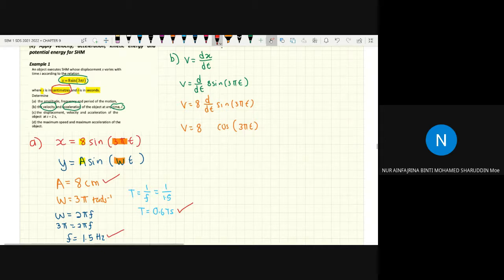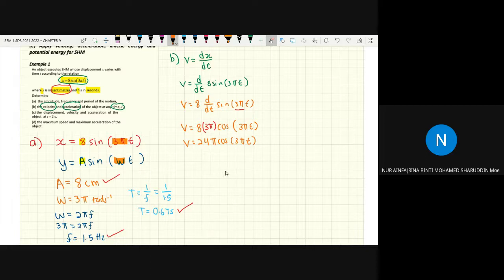Now when you differentiate 3 pi t respect to time, you akan dapat 3 pi. So now you punya velocity akan jadi 8 times 3 pi, 24 pi cos 3 pi t.